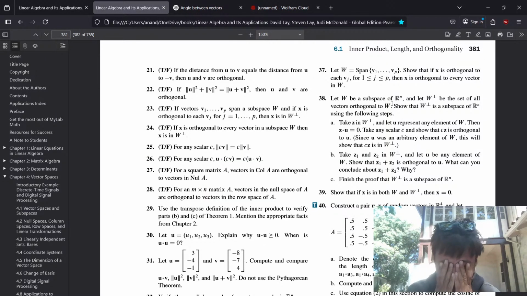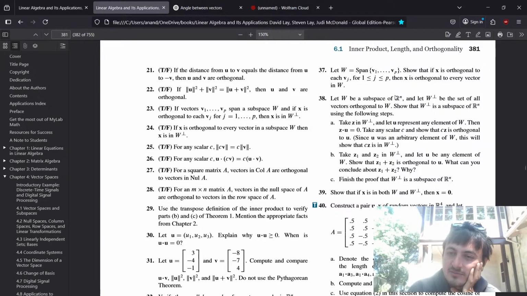All right, so we take, let's see, what did they recommend? But yeah, you take a basis of W, and then you just show that, let's say, k times x is in W perp because it's orthogonal to every element of the basis.